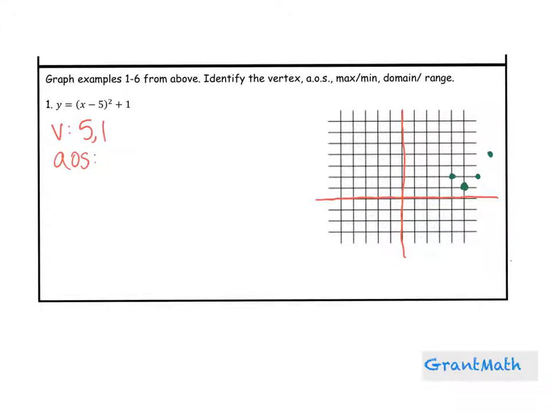Then 2 to the left. Oh, I mixed that up. See if I can do an eraser. Okay. Sweet.